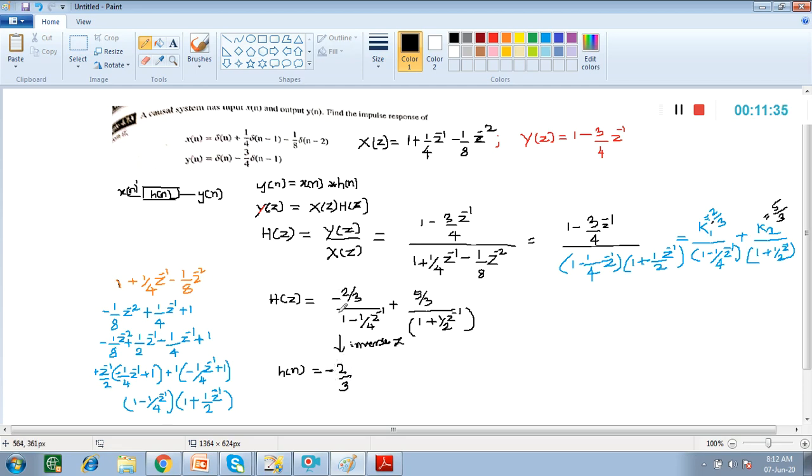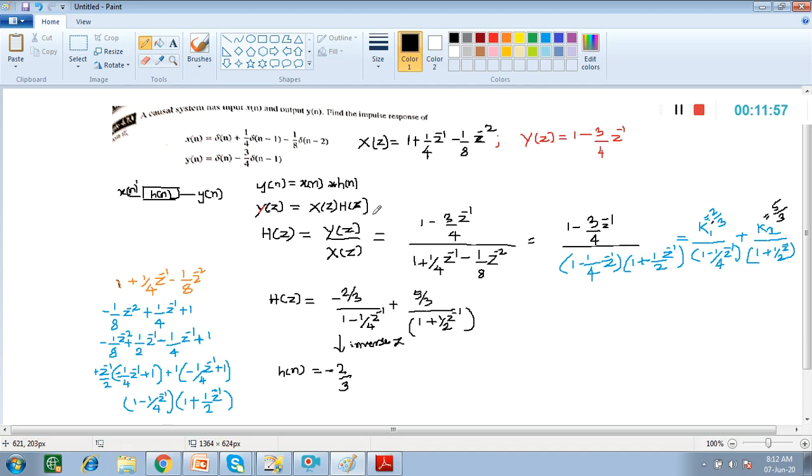To write these into the time domain, we need to know that a causal system means it is always a right-handed system. A causal system has input x of n and output y of n, and will have right-handed sequences.